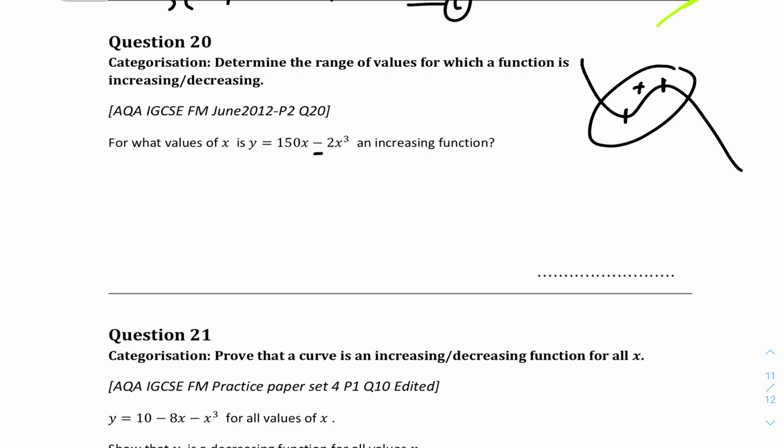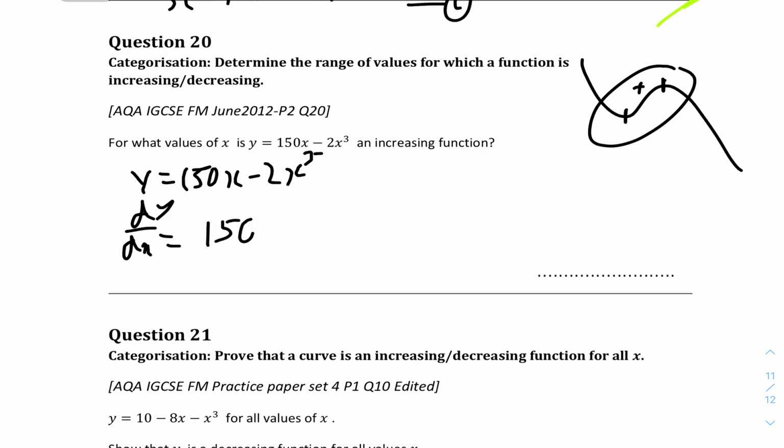So let's differentiate to find the stationary points. So y equals 150x minus 2x cubed, dy over dx will be 150 minus 6x squared. So rearrange the equation to make x the subject. So 6x squared equals 150, x squared equals 25.